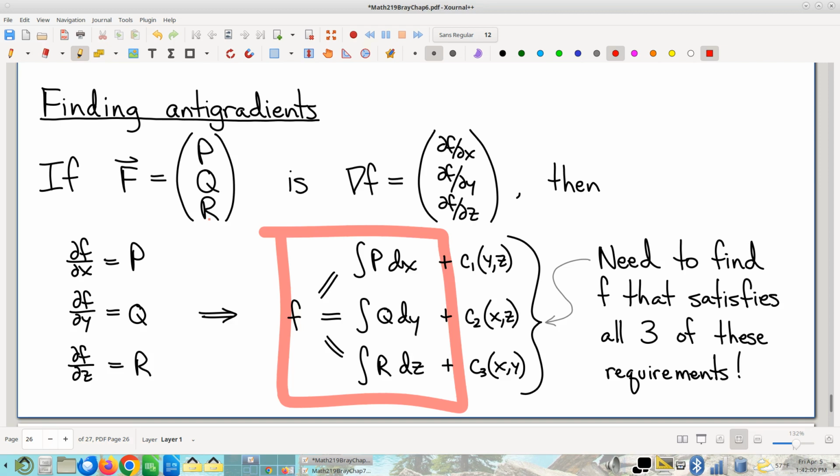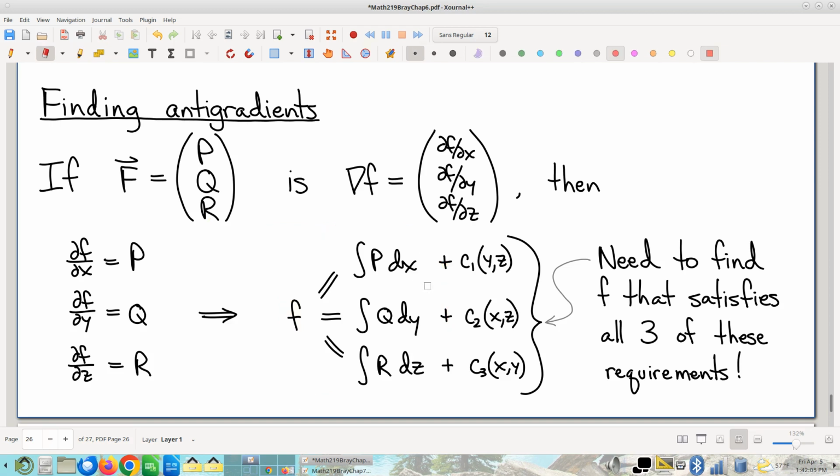Here's what you also have to consider: when you say that f is the x antipartial of P, keep in mind there's actually a bunch of antipartials, right? So which one? When we write this down, we tend to just find one and declare victory, right?